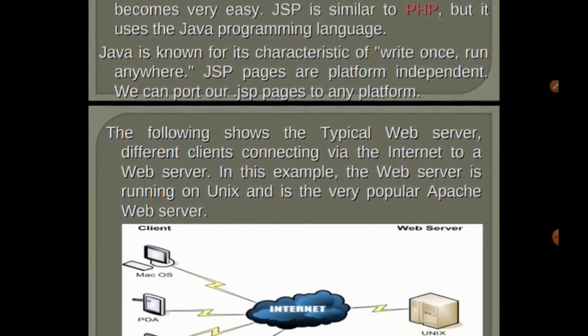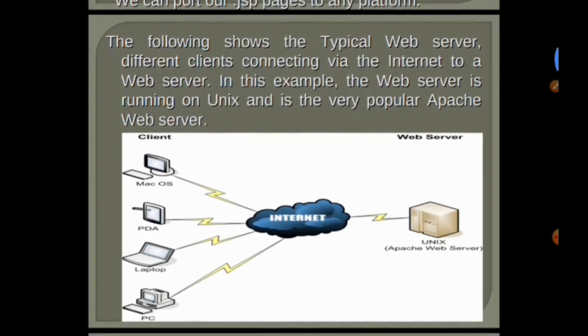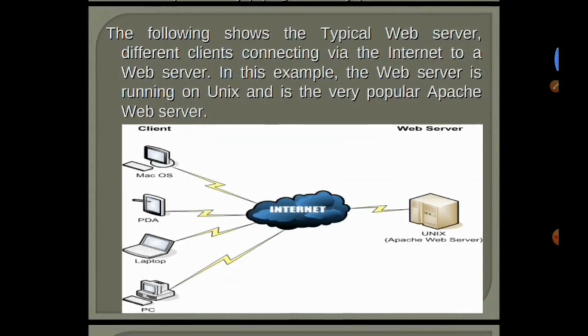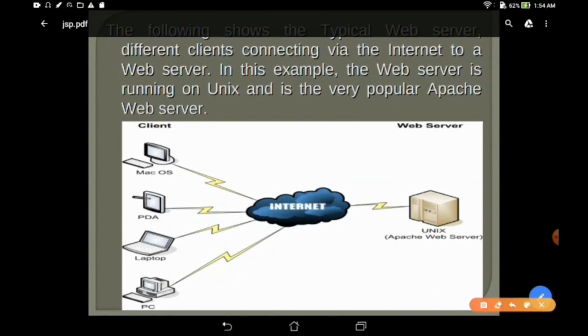The following picture shows the server technology for different clients. The left side shows the user's machine, and the right side is a very popular server, the Apache server, which works on a Unix machine.